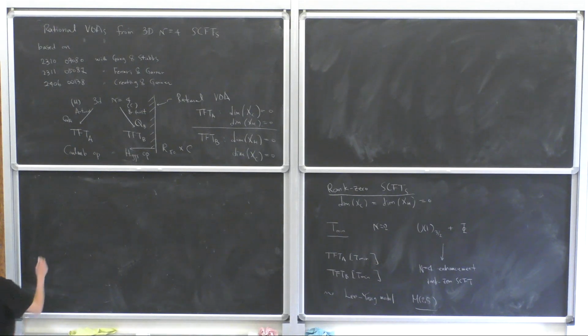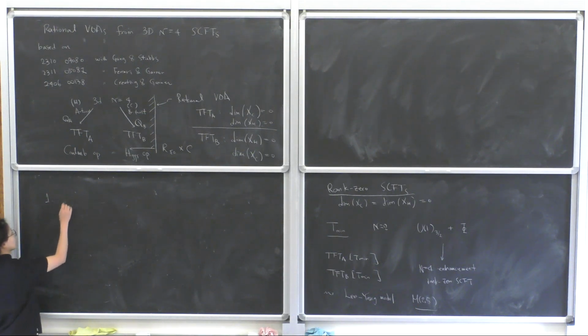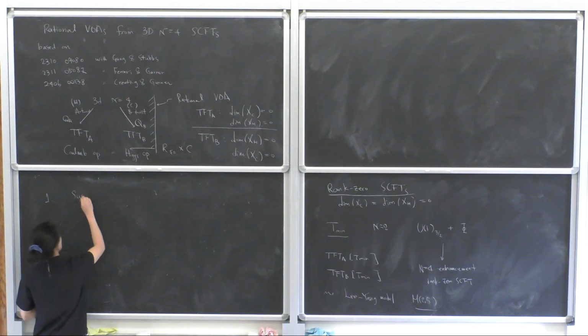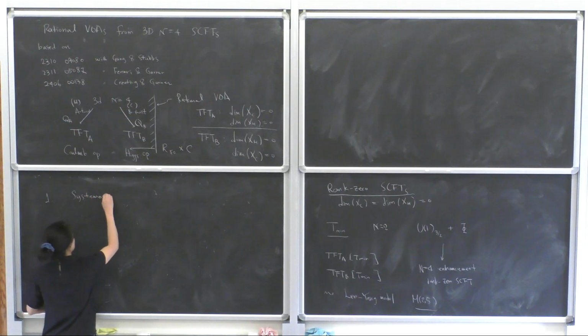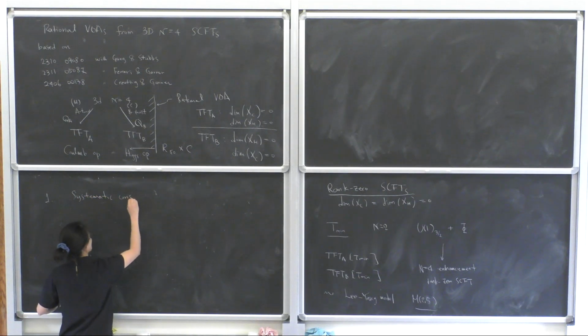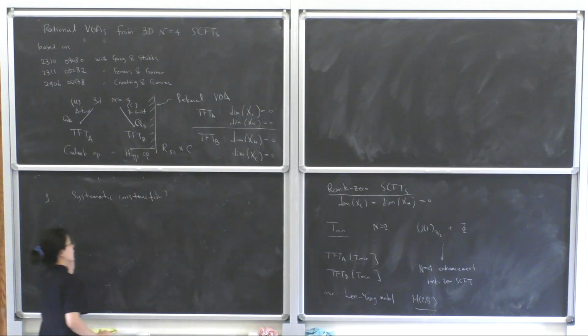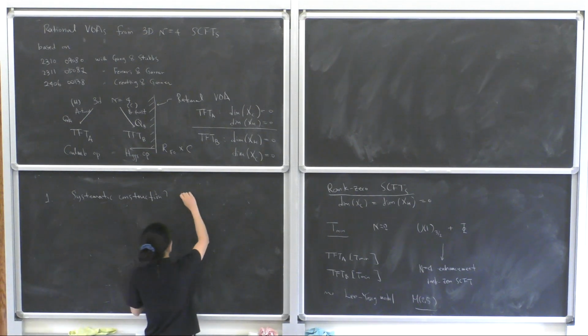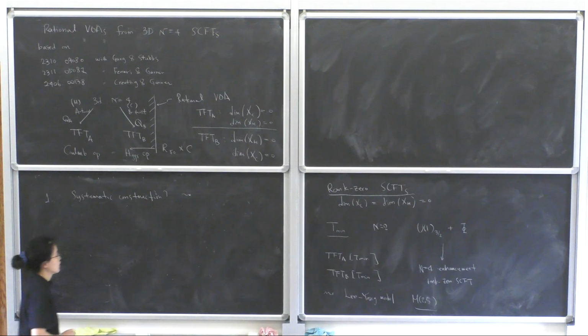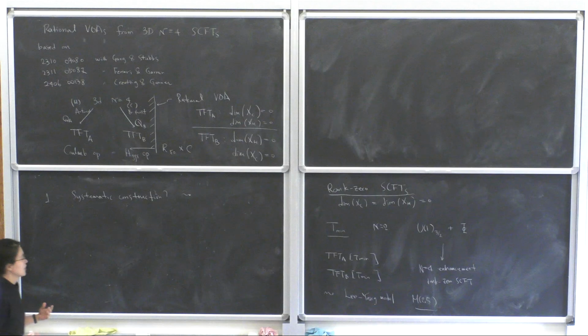So the natural question here is: is there any way to more systematically construct those rank 0 theories? And the answer is yes, in some sense.